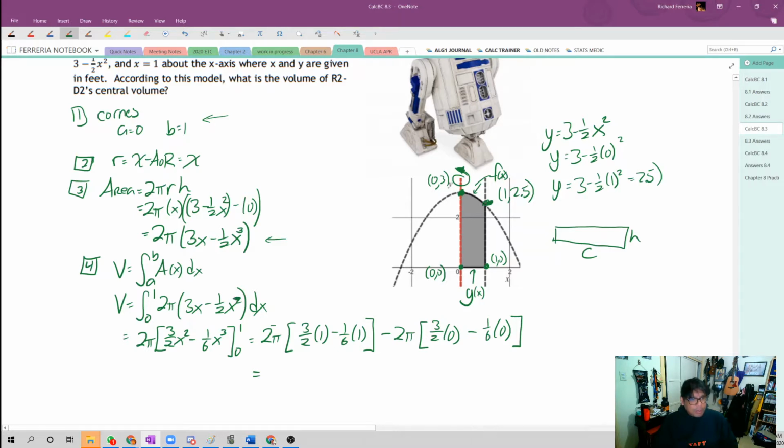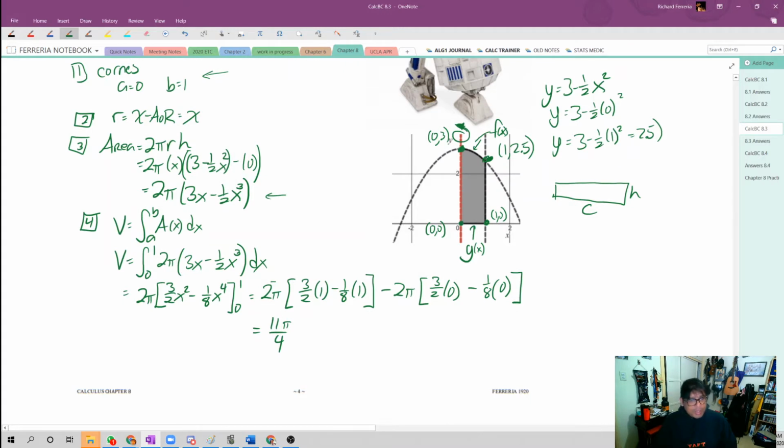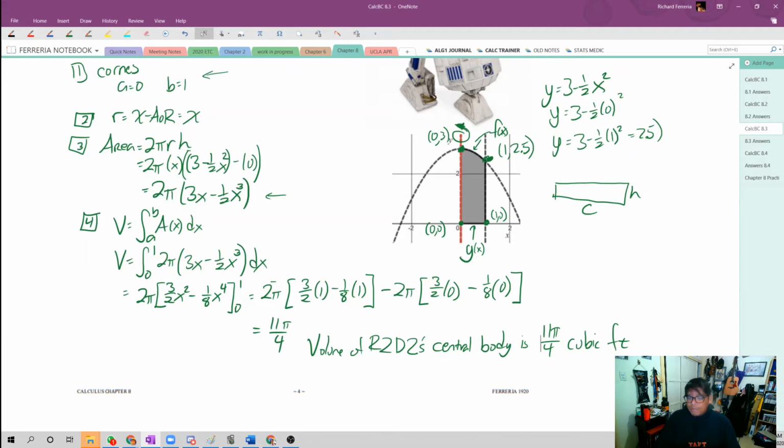That's cubed over here now. So now the antiderivative of 1/2 x cubed is 1/8 of x to the 4th power, which is 1/8 of 1 and then 1/8 of 0. And all of that comes together to 11 pi over 4. So the volume of R2-D2's central body is 11 pi over 4 cubic feet.